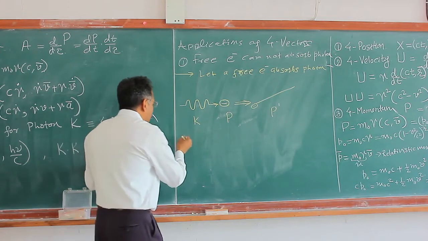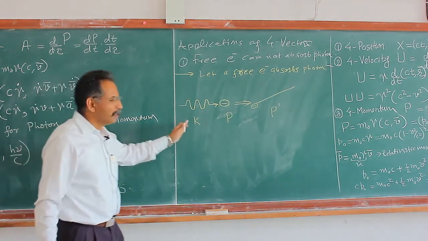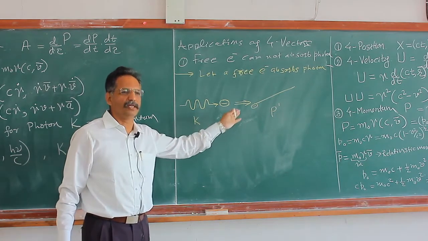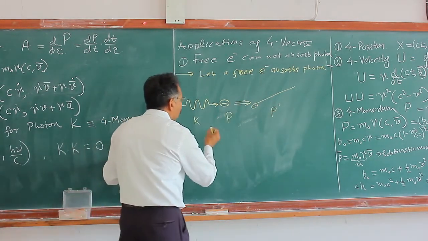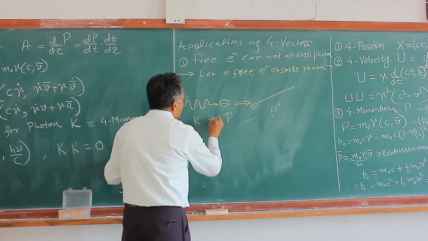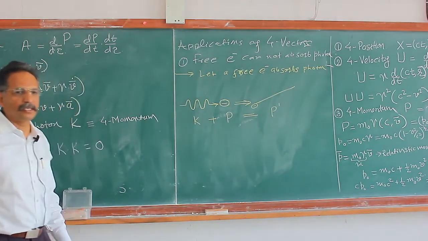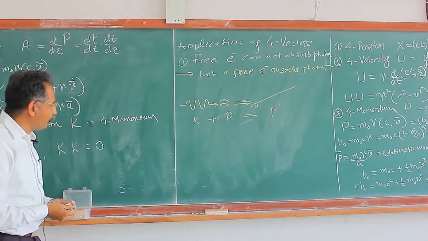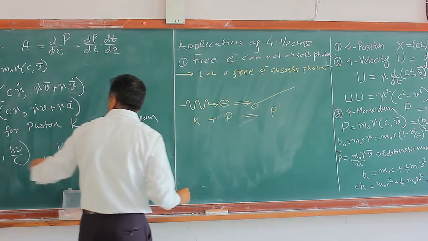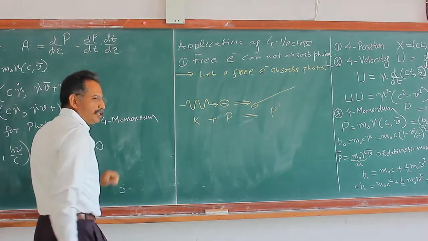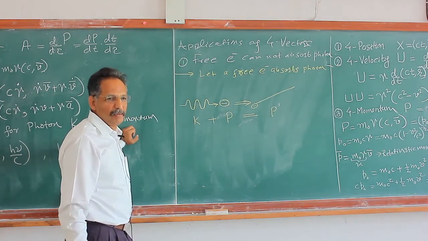Now, the normal conservation equation: all momentum before collision is equal to momentum after collision. So the conservation equation is K plus P is equal to P dash. This is the conservation equation. Now, K can be written as h nu by C, or you can write that as h cross K bar.